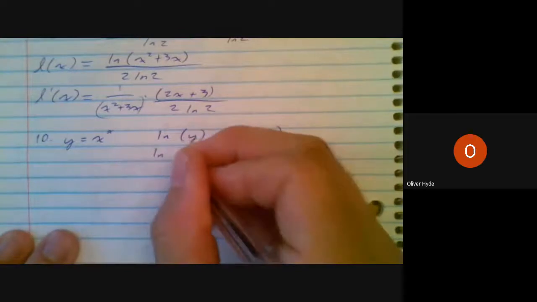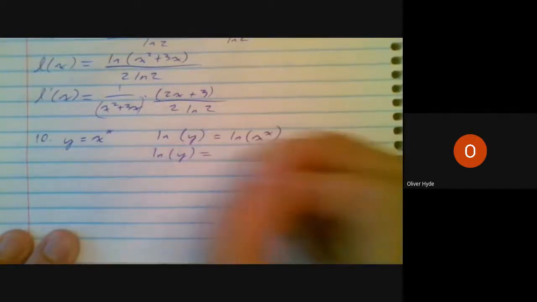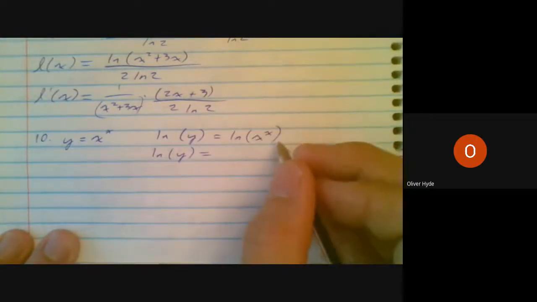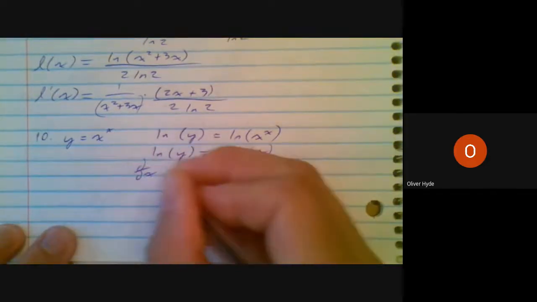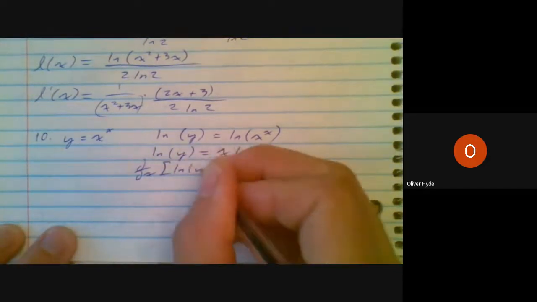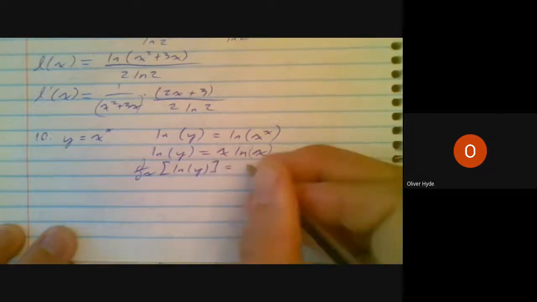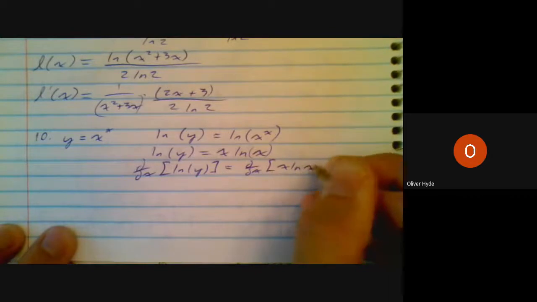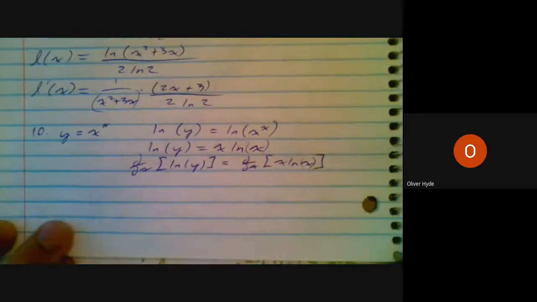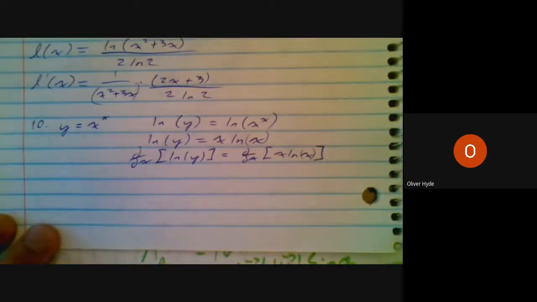Then we show our reader the property that we're using: to simplify a power of a power, I keep my base and I multiply my exponents. And now I can show my reader that I am differentiating on both sides with respect to x. So there were 3 or 4 steps in some cases that weren't shown. And it is the steps that will demonstrate your understanding, not the answer.